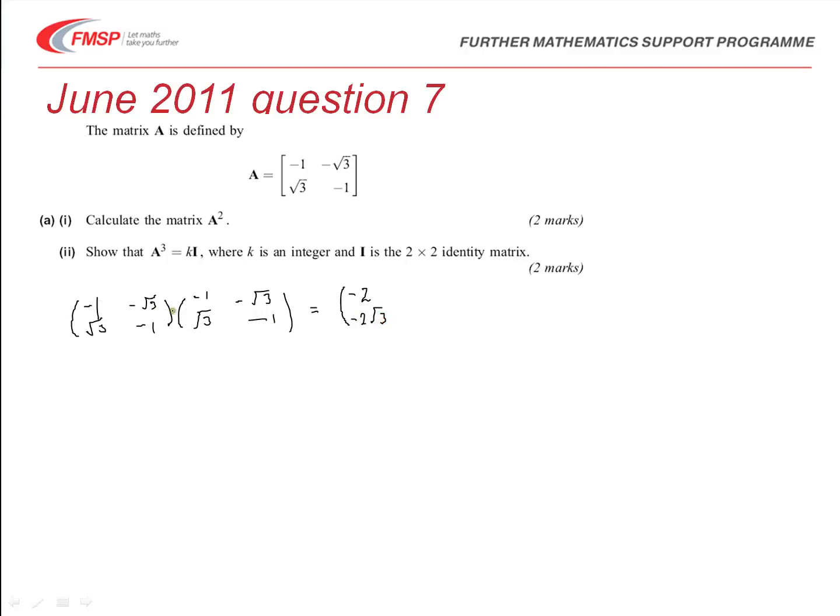And if we do the top row with the second column, we got +root 3 and another +root 3, which gives us +2 root 3.